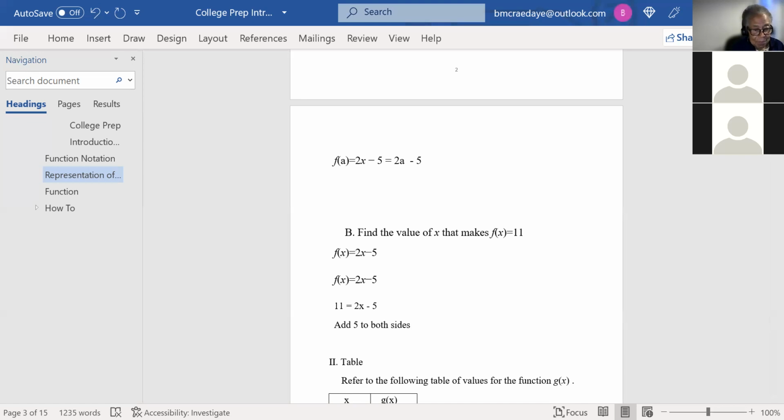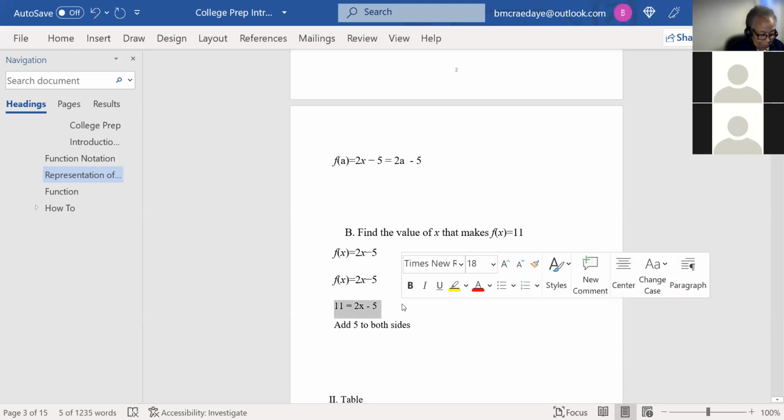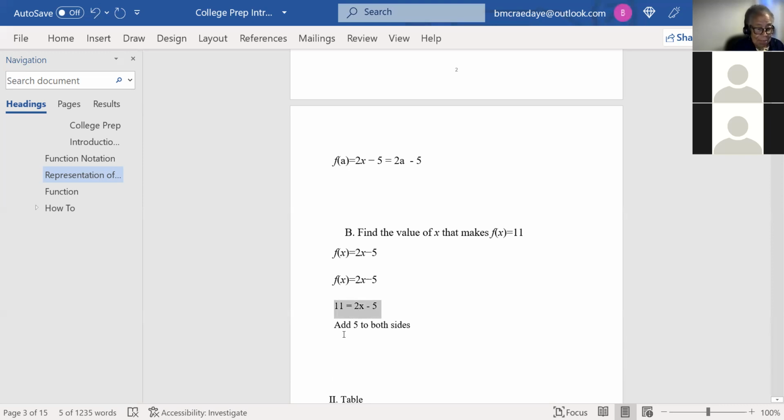I knew it had to do with both sides. Yes, you're right. The 5 is connected to the 2x by subtraction, so you want to add 5 to both sides. That way you get the constants together. So let's copy that there, and then we'll add the 5 to the left.